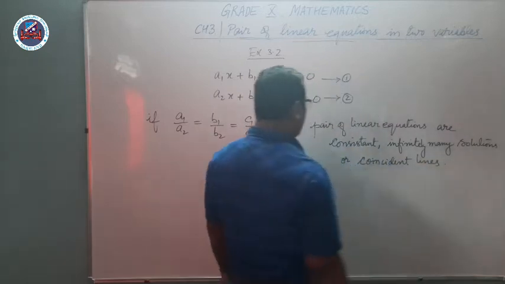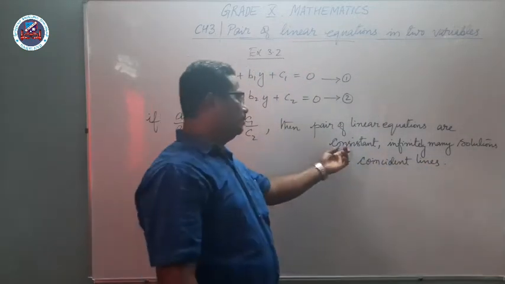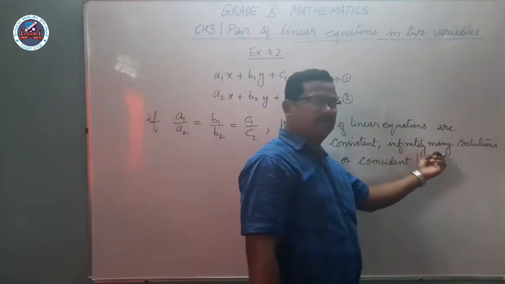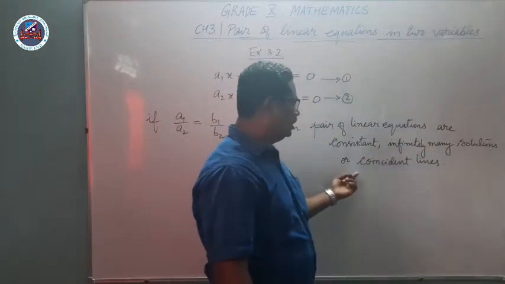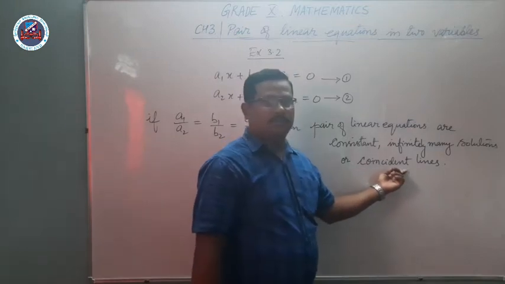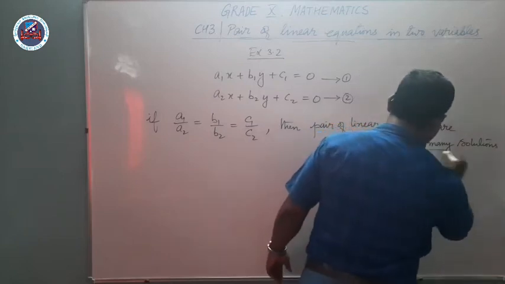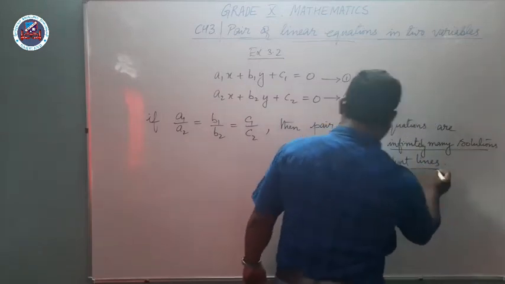In the question they may ask you in any way whether they are consistent or not, whether they have infinitely many solutions or not, or whether they are coincident or not. So the names are the same. We use consistent, infinitely many solutions, or coincident lines.